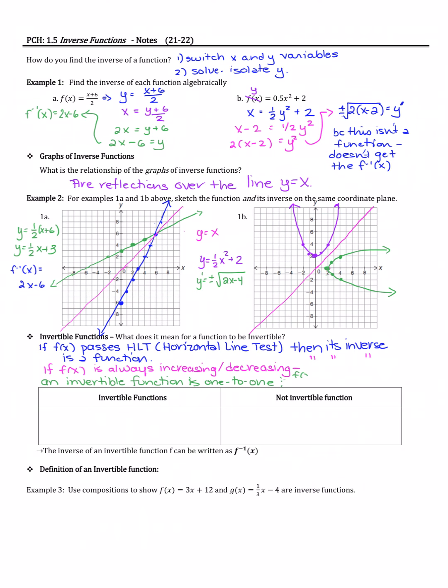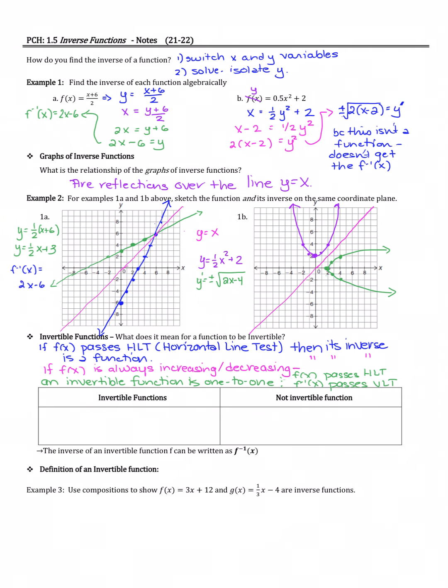So that means f of x passes the horizontal line test, and f inverse of x passes the vertical line test. In other words, everyone's a function when it comes right down to it. If it's invertible, it's 1-to-1, which means both functions are functions, not relations.